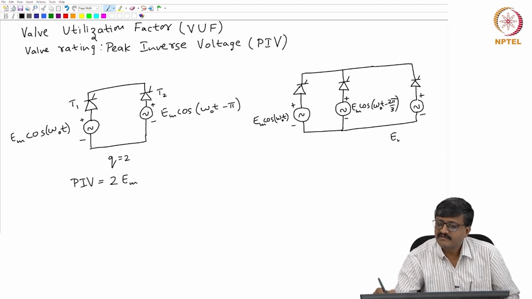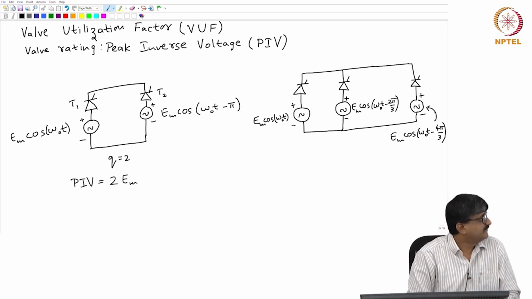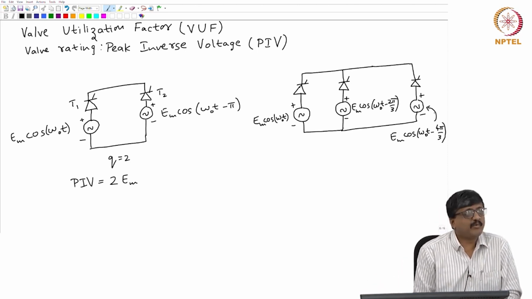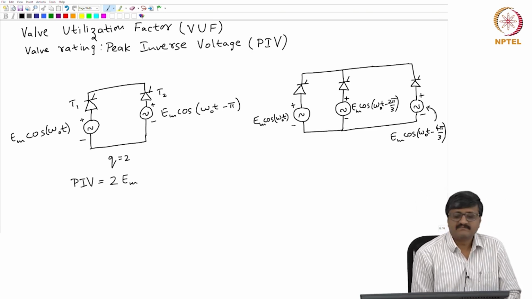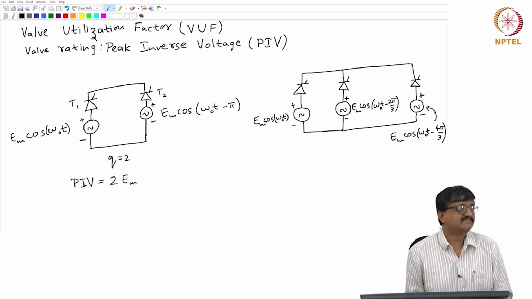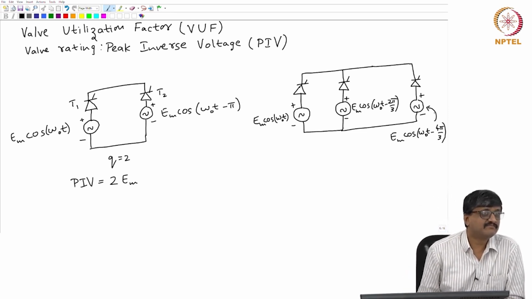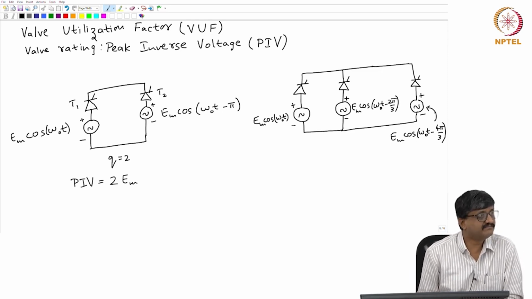The voltage here is EM cos(omega OT minus 4 pi by 3). This is the voltage of this. Now, what do you say? At any instant, one of the thyristors is conducting, and the voltage is less than 2 EM. Do you see that it is not 2 EM?